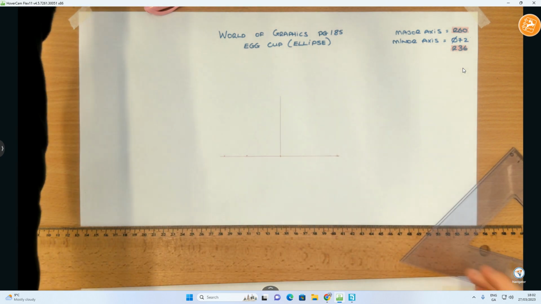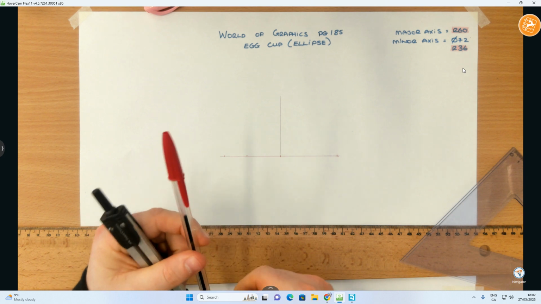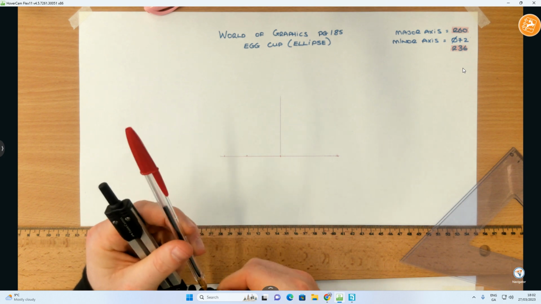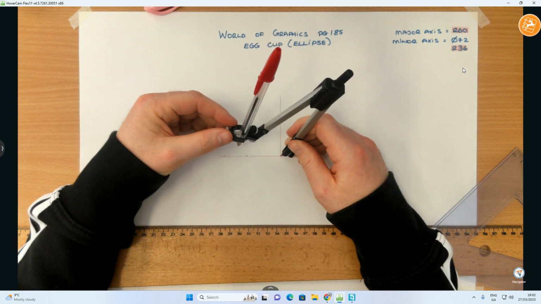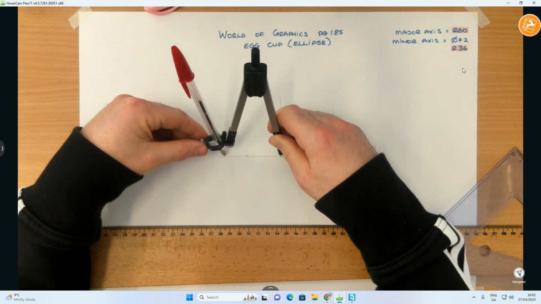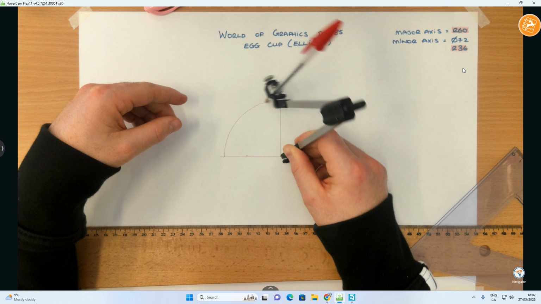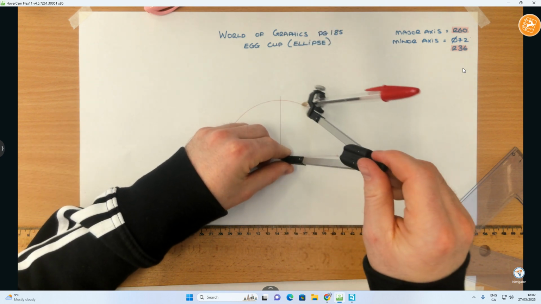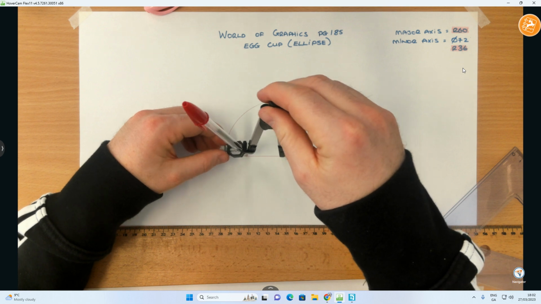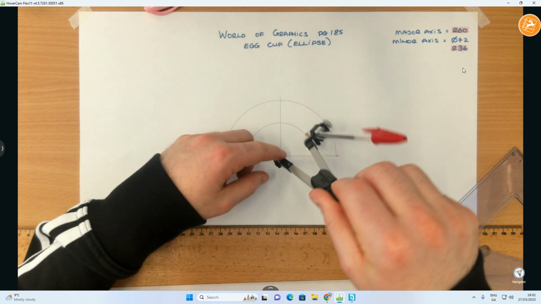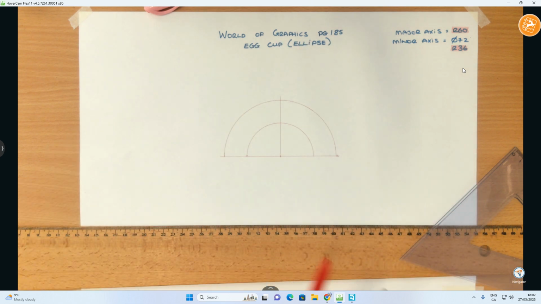Okay, and using my compass now, let's get the wire onto the compass here. Using the compass, center point out to 60, I'm going to put in what is known as my major circle, but I'm only putting in half of it. And once again, my minor circle, only putting in half because we're completing a semi-ellipse.